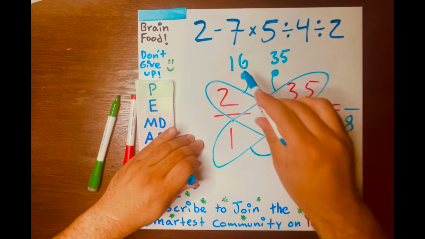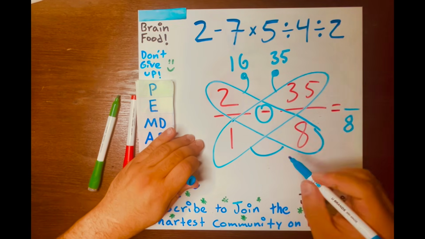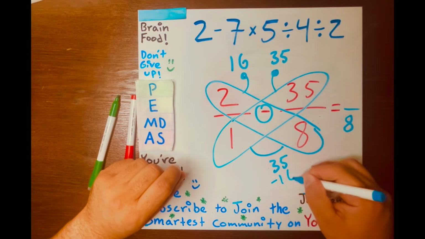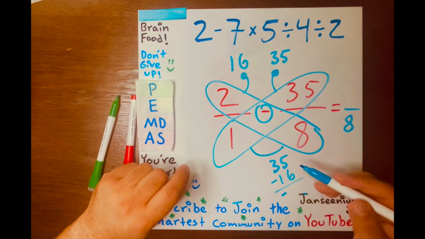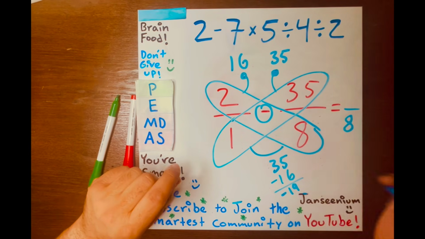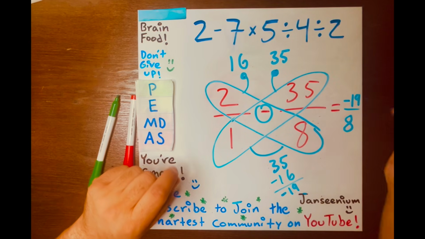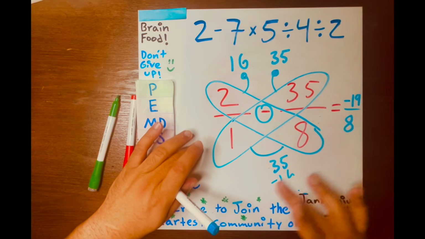And next, I subtract 16 minus 35. So just turn the numbers around. 35 minus 16. And it's going to give us a negative. So that is negative 19. So the numerator is negative 19 and then over 8, which is the denominator.